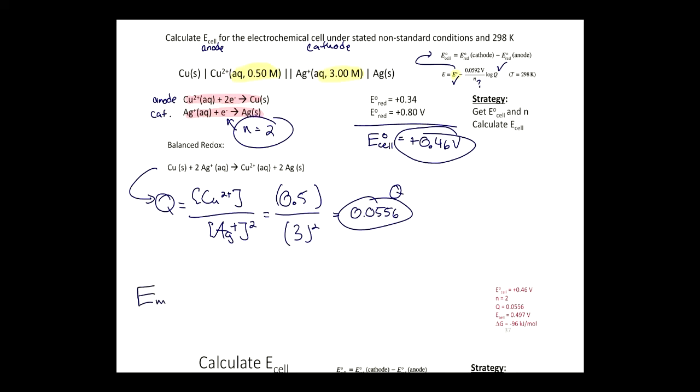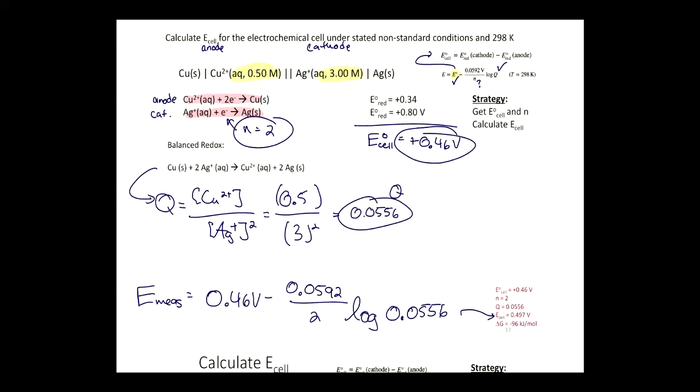So what we should actually measure in this reaction is 0.46 volts minus 0.0592 over N, so 2, log of that Q we just got, 0.0556.